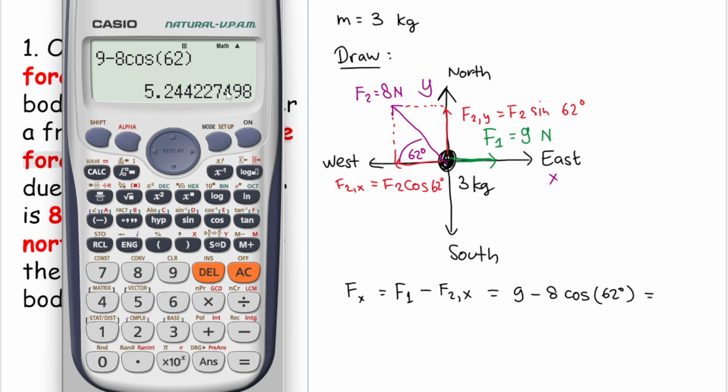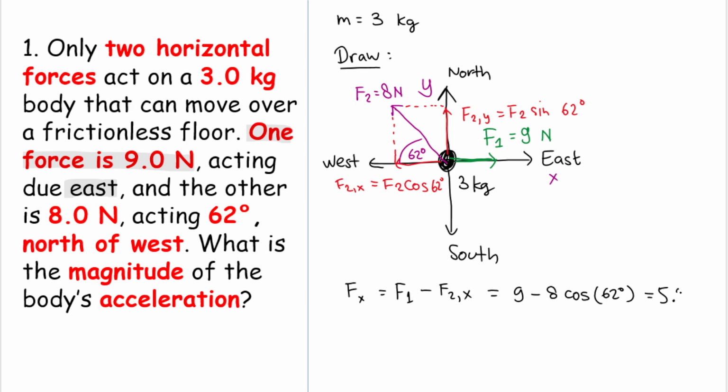Okay, so I'll have 5.244. And that is on the x direction. And on the y direction, Fy, we only have this one here, which is F2 sine 62 degrees.